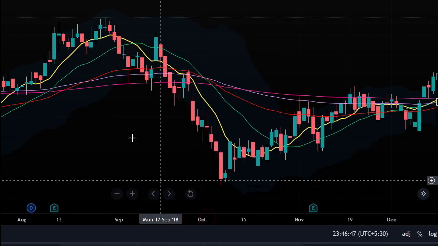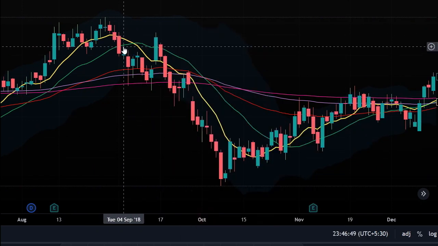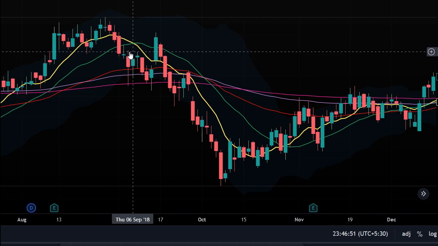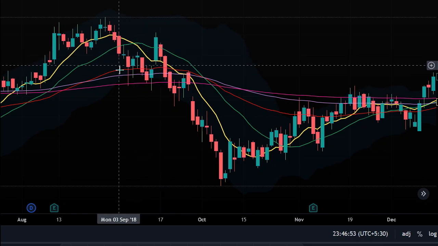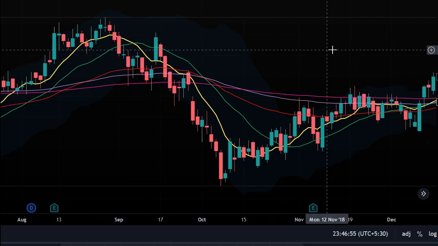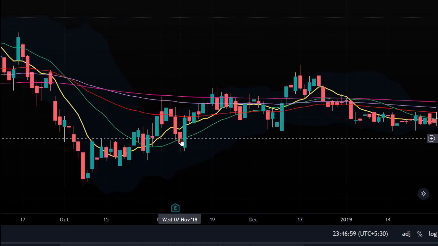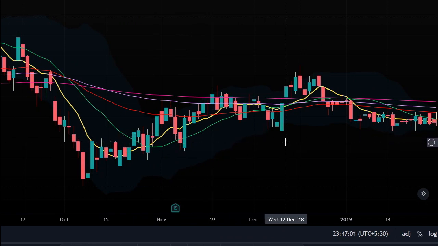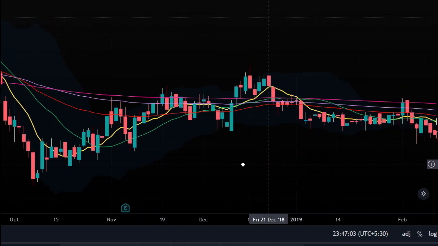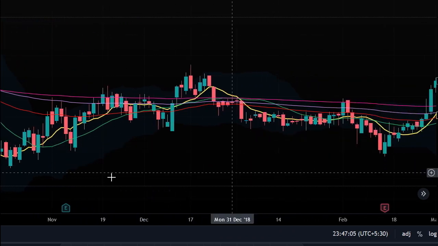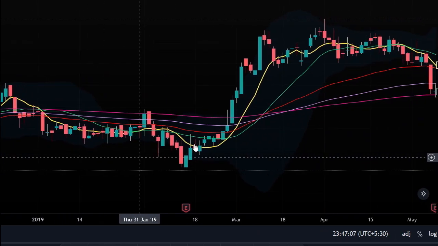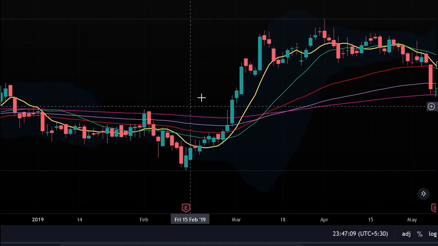For example, whenever the price is below the 20 moving average, the trend is down, and whenever it crosses the 20 moving average without touching it, then it means the trend is up, like this.